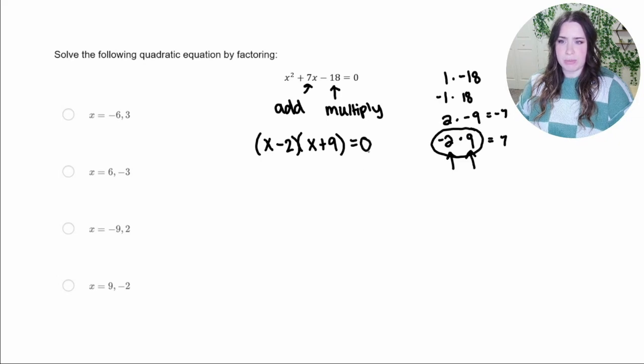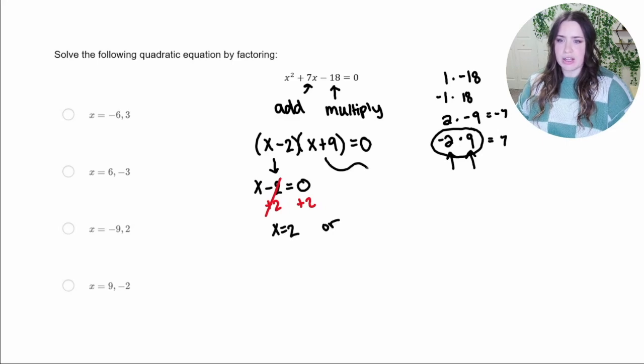Now, the zero product property says if 2 things multiply and they equal 0, then one or the other or both had to be 0. So we can solve 2 mini equations and say, well, what if x minus 2 equaled 0? Well, that would mean when I add 2 to isolate the x, that x equals positive 2.